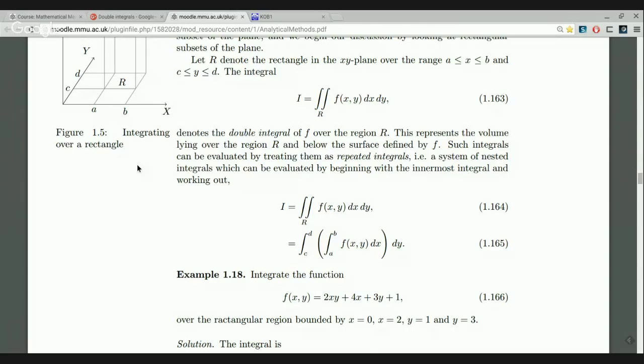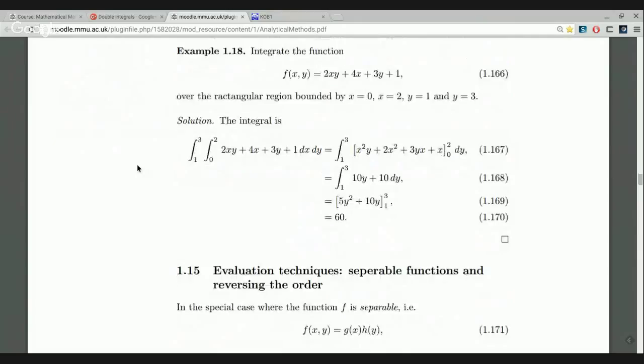Okay, so let's have a look at this example. So for this particular example, we're given the function f of x, y, which is 2xy plus 4x plus 3y plus 1. Now, it's more or less there in the notes. Let's just talk through it.